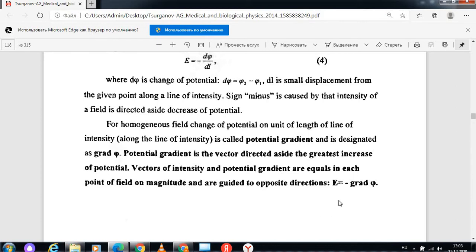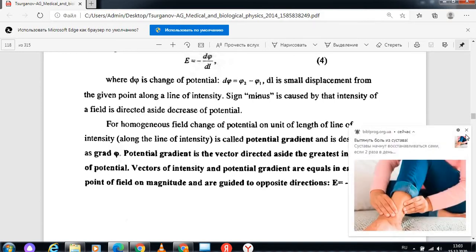So the vector of intensity of the electric field is equal to minus the gradient of the potential of this field, minus the potential gradient.